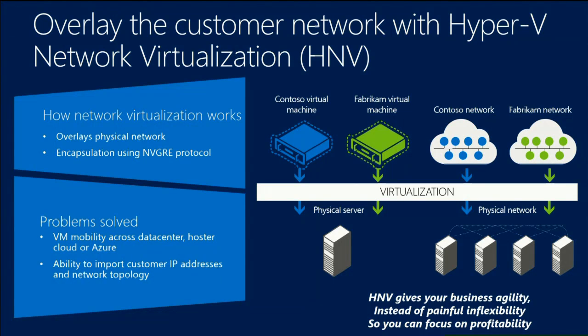So the network infrastructure of the hoster simply routes based on the provider address space that is in place. And the tenant then gets the packet finally as it's supposed to and does whatever it does with it, not even knowing that it is hosted on top of a shared physical infrastructure.